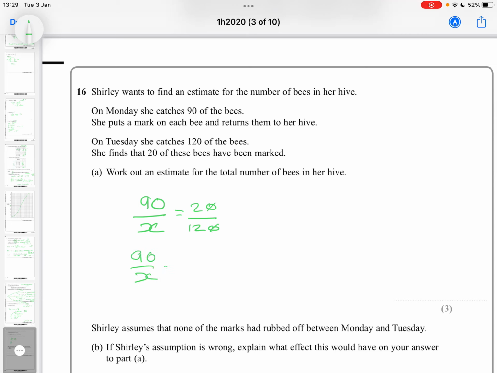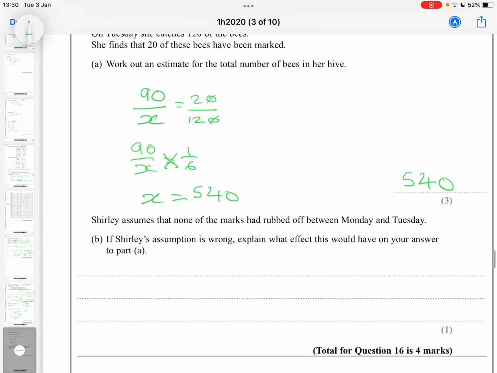So 90/x is 1/6. You can bring the x over, but I really like to cross multiply. So 1 times x is just x, and 90 times 6 is 540. So we can estimate, based on this experiment, that there's 540 bees in the hive.